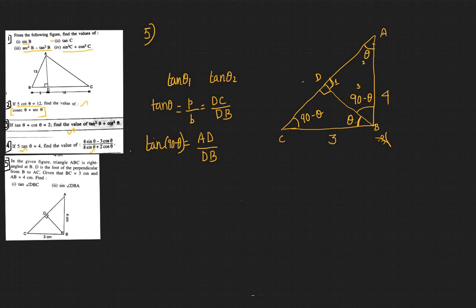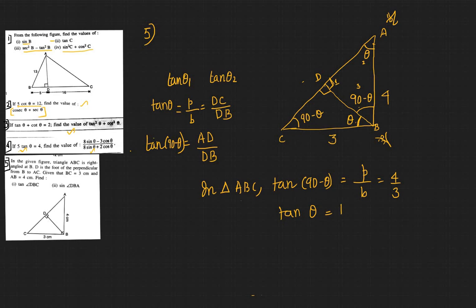All right, so now we see the pattern in the big triangle, triangle ABC. Tan C, or tan 90 minus theta, is perpendicular by base, that is 4 by 3, and tan of theta, you're basically viewing from here.